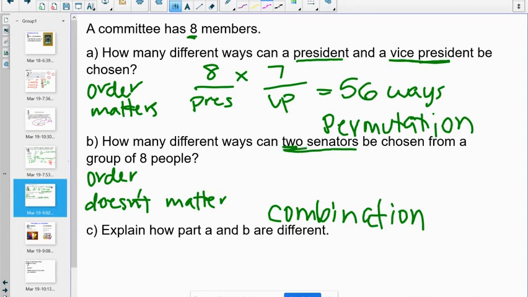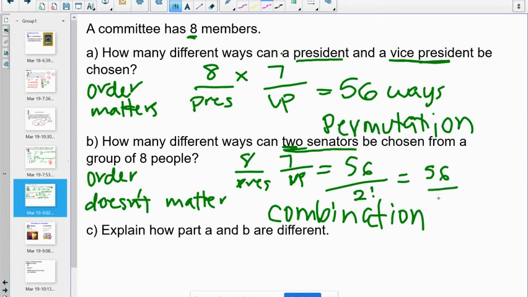If it was 3 senators, it'd be the number of ways to arrange the 3 senators on the bottom. So we have the 8 times 7, because that's the same as above, 56, over how many different ways we can arrange the 2 senators. And that's just 2 factorial. If it was 3 people, it'd be 3 factorial. So 56 divided by 2 is going to get you to 28 different ways.